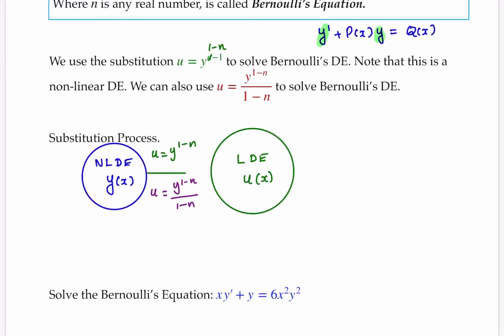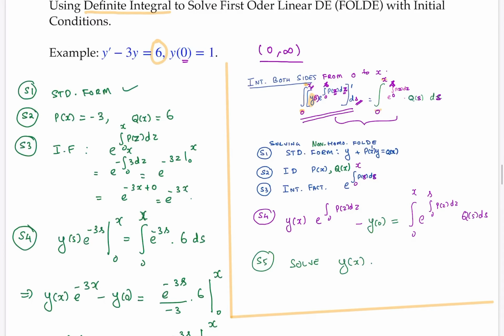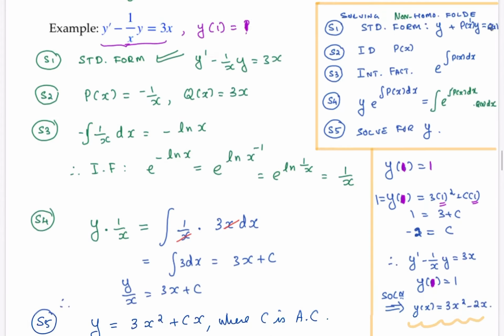So then we have this differential equation that we have to work with. Let's make this one bigger. Then you're going to solve this, and we're going to use the same method that we used in the previous steps.